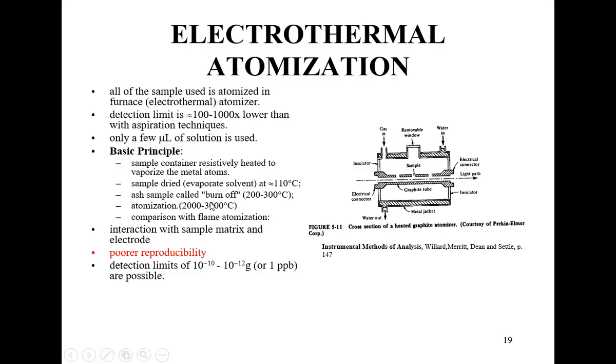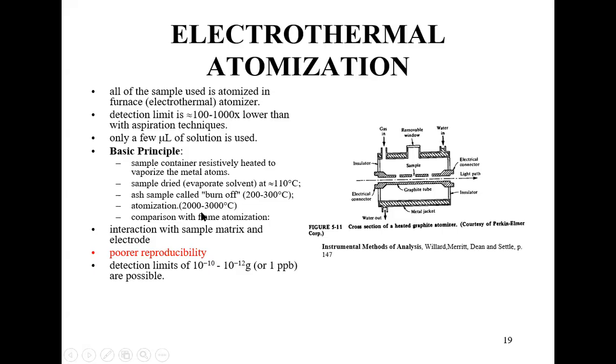What that means is burning off any other organic matter, ashing the sample at about 200 to 300 degrees Celsius. Organic matter usually burns at that particular temperature, around 200 to 300.